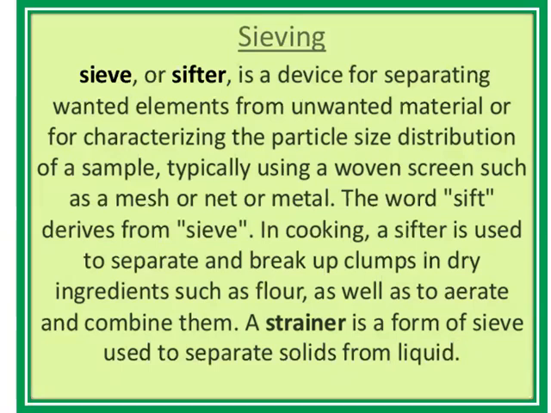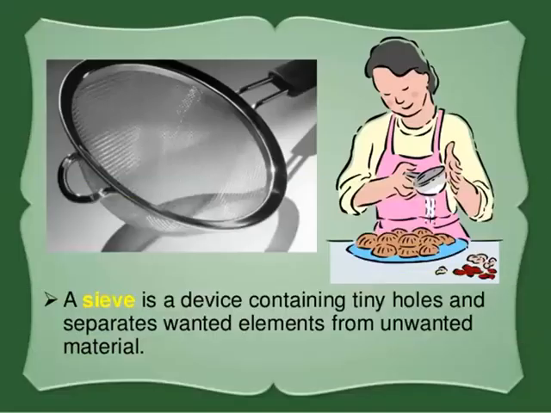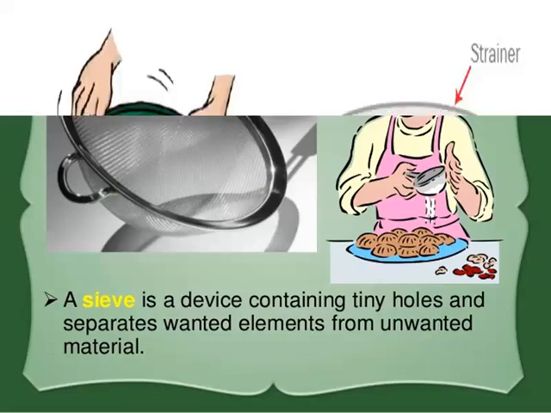In cooking, a sifter is used to separate and break up clumps in dry ingredients such as flour, as well as to aerate and combine them. A sieve, therefore, is a device containing tiny holes that separates unwanted elements from the wanted material, or vice versa.